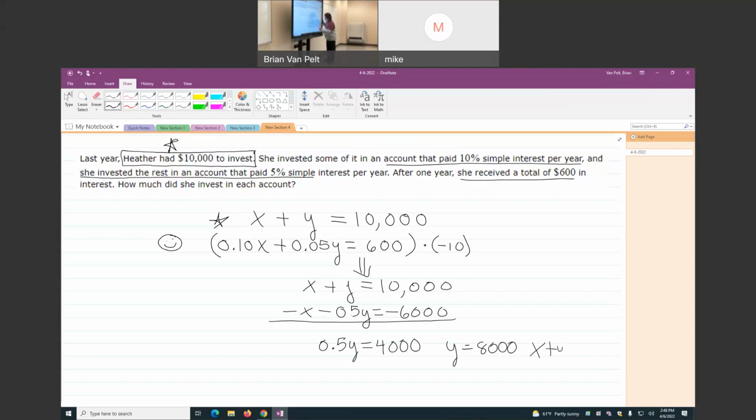X plus Y equals 10,000. X will end up equaling 2,000. You can't just say 8,000, 2,000 like on a paper. You have to let me know which one's which. Usually I have spots just like your book does.